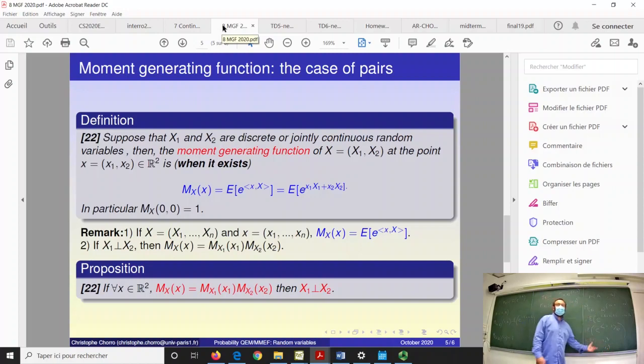I remind you that when you are in R to the power n, the scalar product between two vectors is just the sum of the products of the components. For most of you, you do optimization, so I think that you know what the scalar product is.